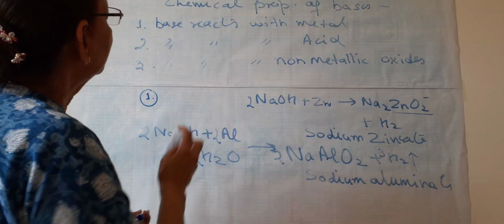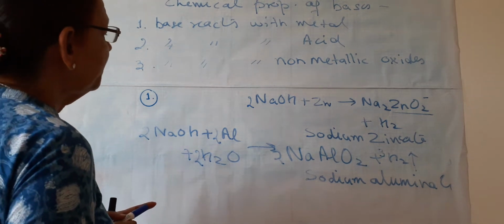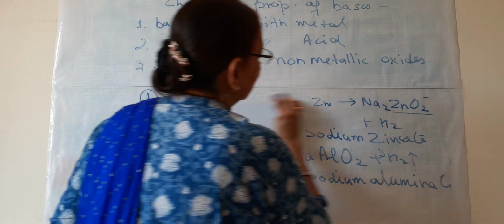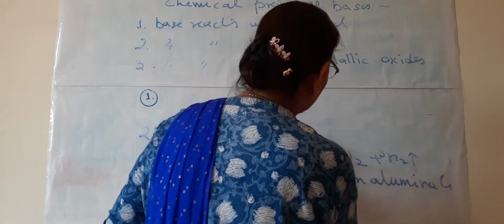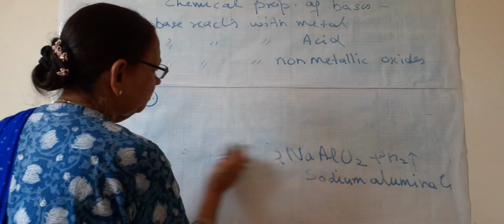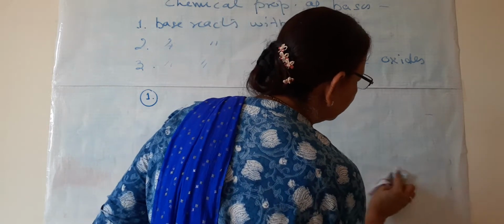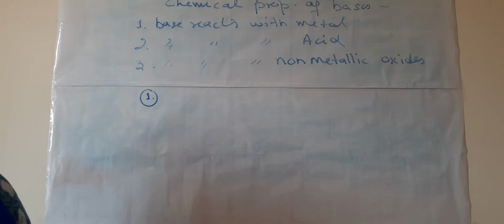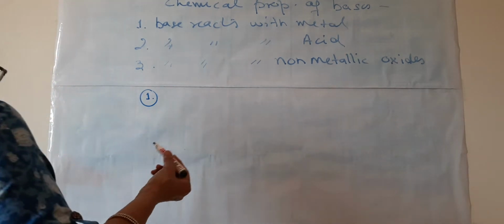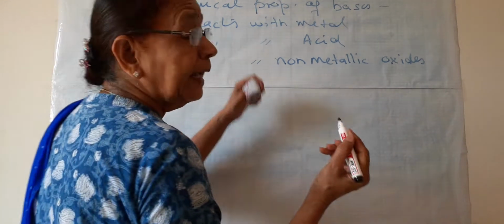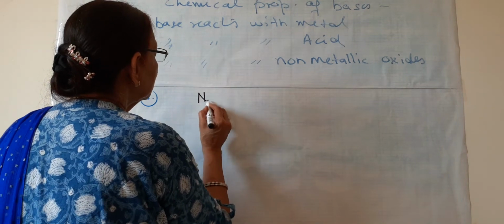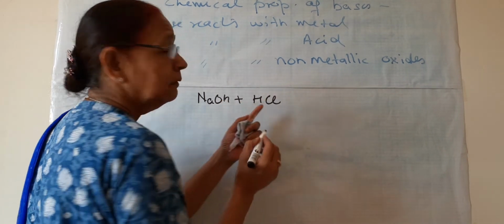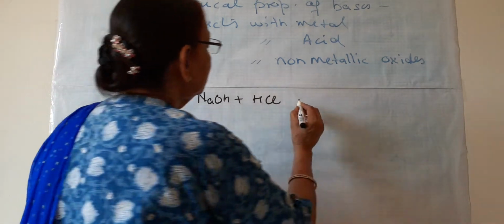Now second, base reacts with acid. We have done this before in acids also. When a base reacts with acids, what happens? We have just learned that bases destroy the H ions. So again, suppose I took NaOH plus HCl, an acid and a base. What will form?